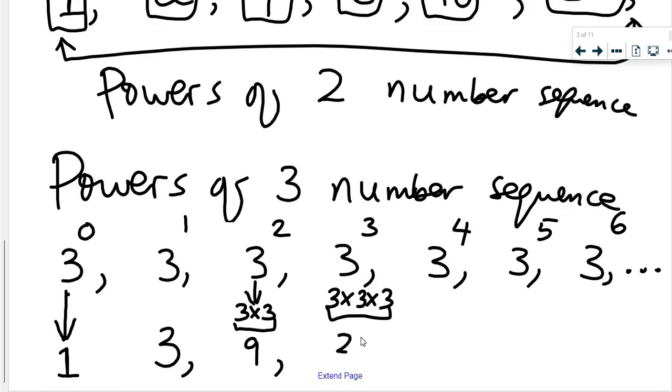Work out this, 27. 3 to the power of 4 means 3 into 3 into 3 into 3, 4 times. 3 into 3, 9. 9 into 9, 81.